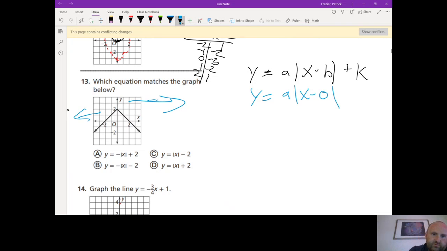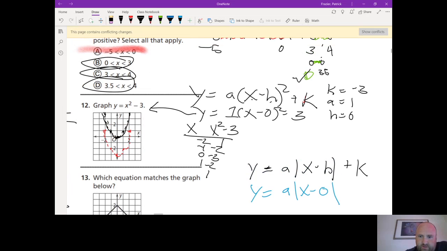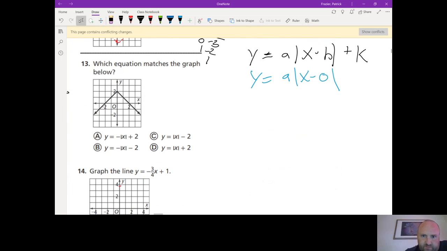And the reason for that is just like with the vertex formula, what we're solving for is what would be equal to 0. So if you have x minus 3, then that'd be x minus 3 equals 0, and you just add 3 to both sides, so you'd have x equal to 3.